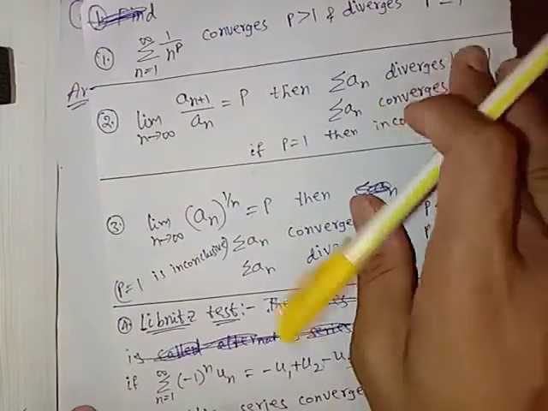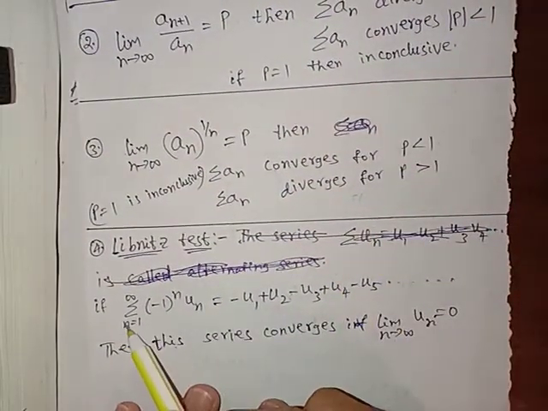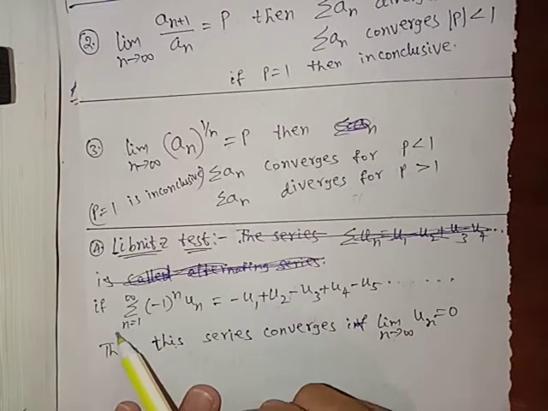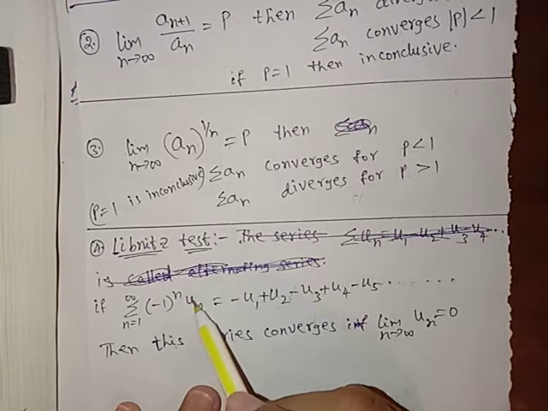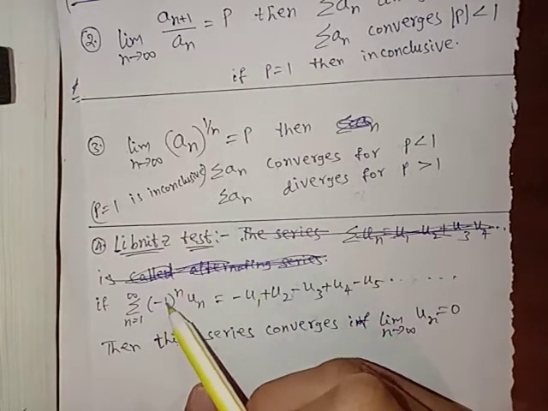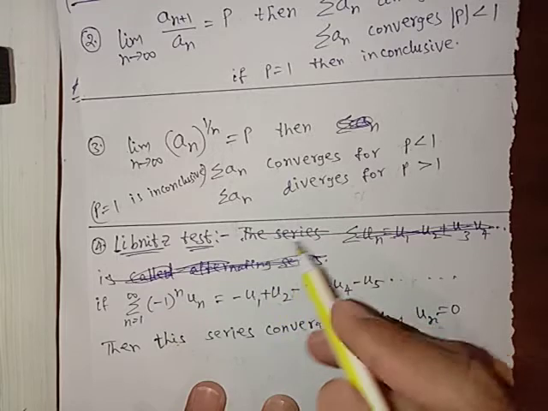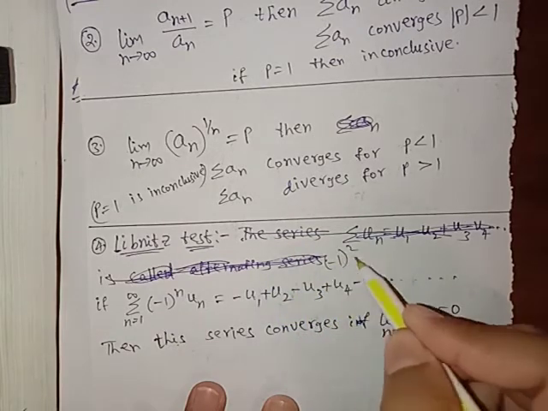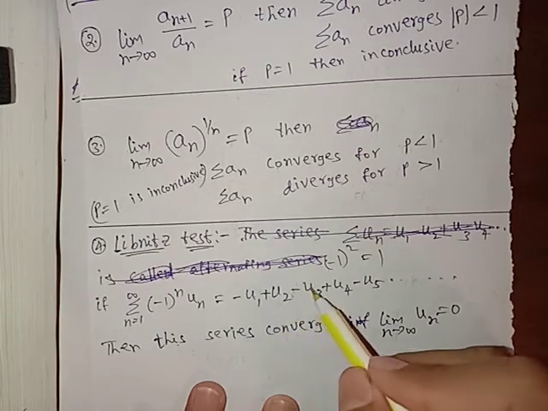Now, this is the Leibniz test. For example, this is an alternating series: the sum from n equal to 1 to infinity of minus 1 raised to n into un. How is this alternating? At n equal to 1, minus 1 raised to 1 gives minus u1, and at n equal to 2, minus 1 raised to 2 is plus 1, so it is plus u2, minus u3.